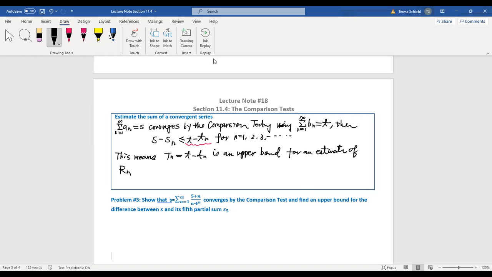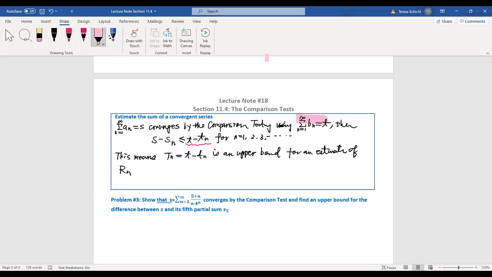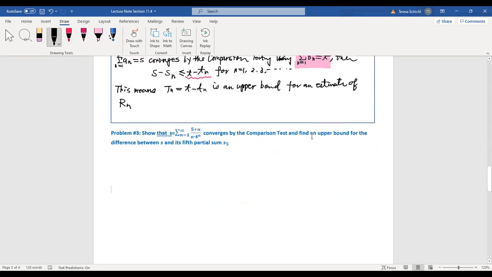Okay, so of course, just like we talked about in video number 1, when we try to do the comparison test, hopefully the series we use to compare to is easy, so we can find what value it is converging to.